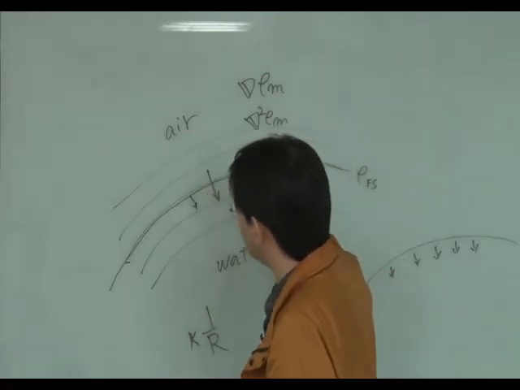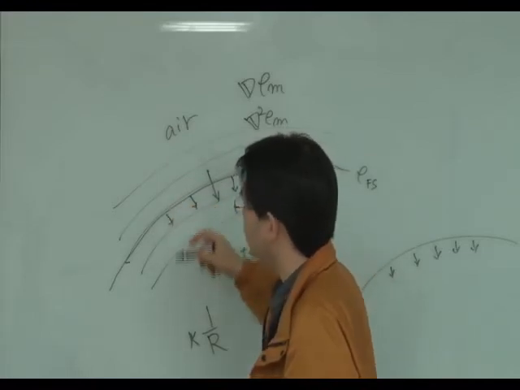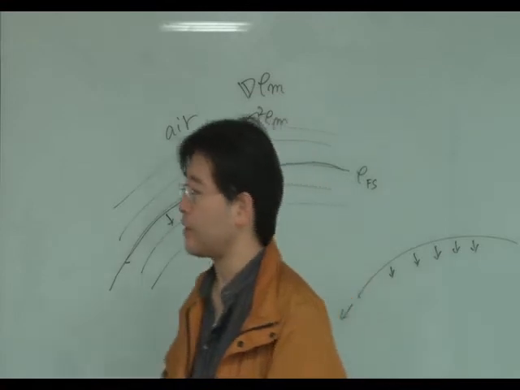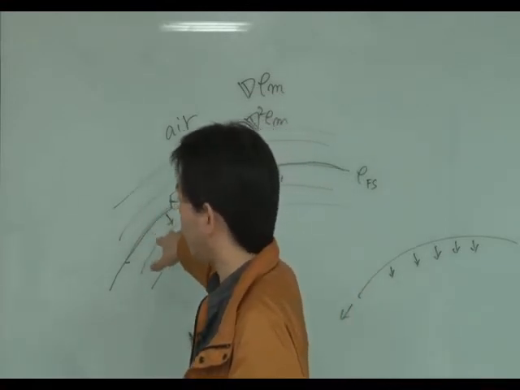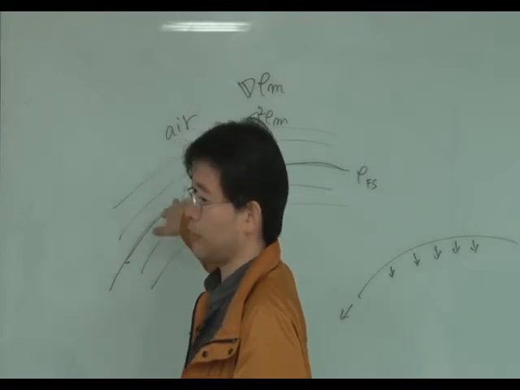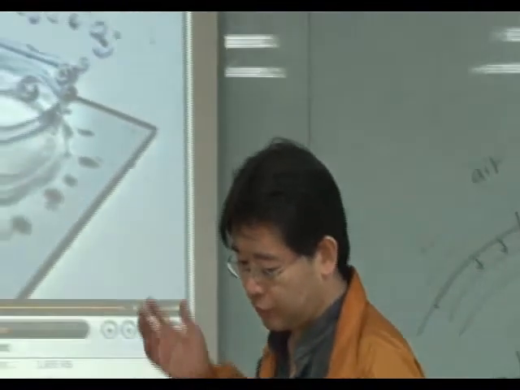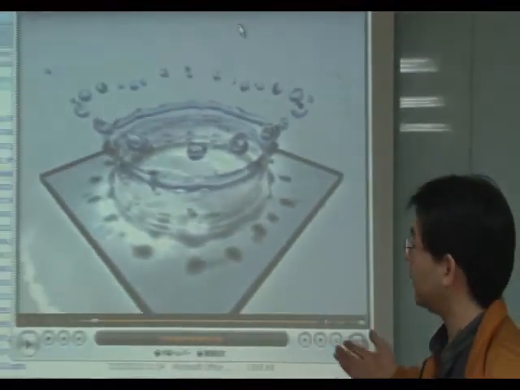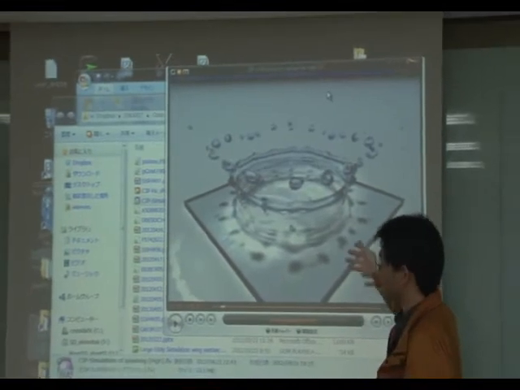It will affect in this direction. So the final form of the free surface tension is similar to pressure, but it works only on the free surface. If it is treated properly, we can get this kind of result.